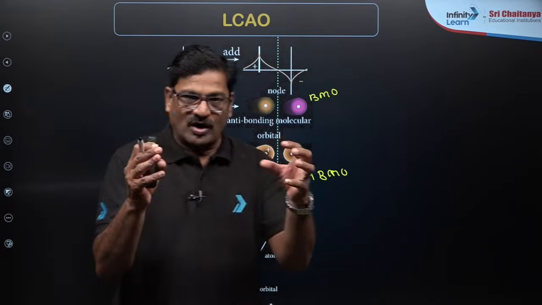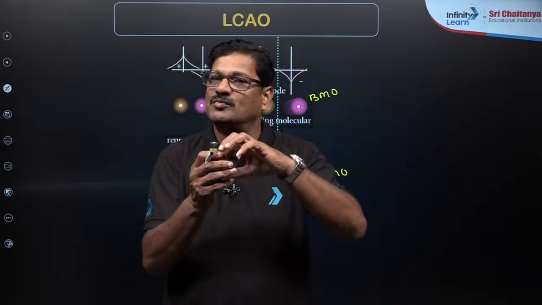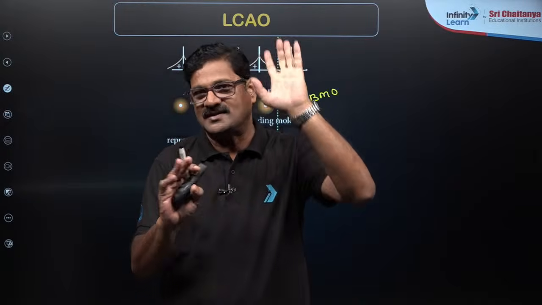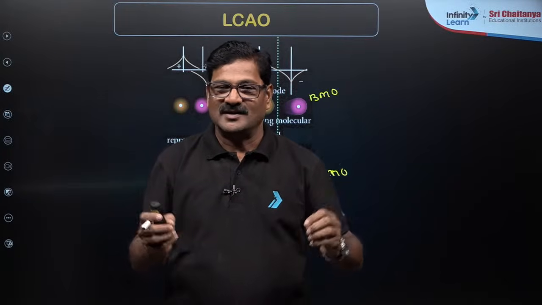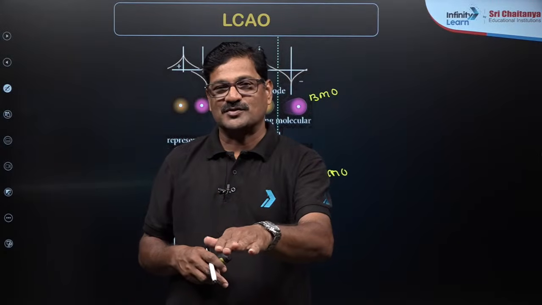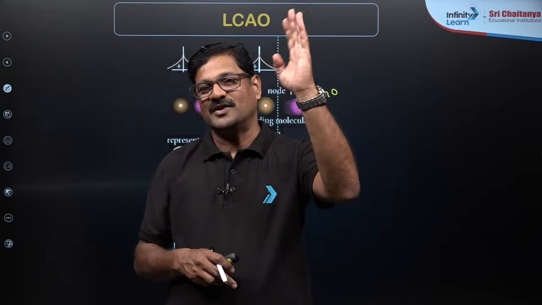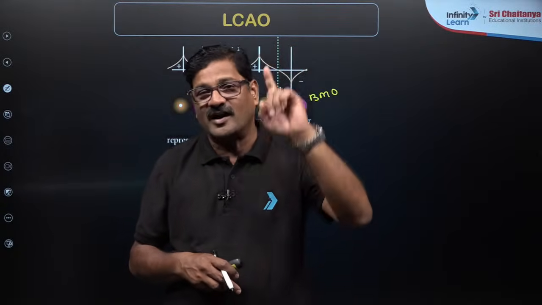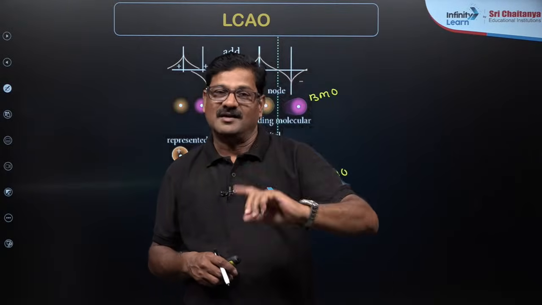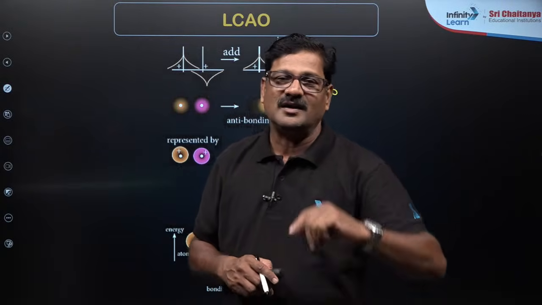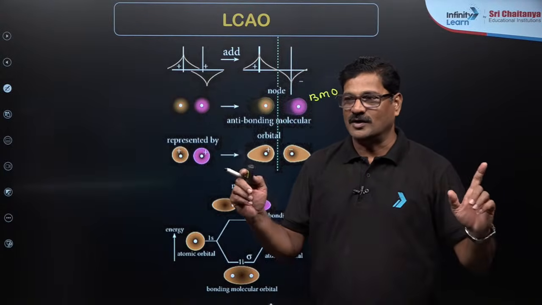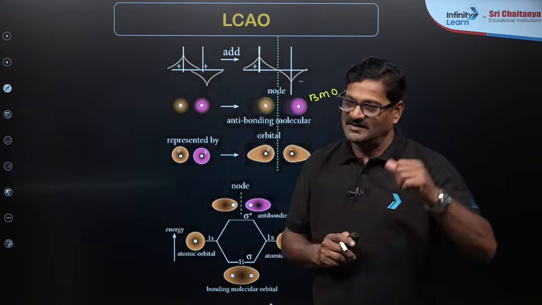So if two orbitals are combined, two molecular orbitals are formed. One is a bonding molecular orbital, another one is an anti-bonding molecular orbital. For P orbitals, 3 plus 3, so 3 are bonding and 3 are anti-bonding. Now, of the atomic orbitals that combine, half will be bonding molecular orbitals and the remaining half will be anti-bonding molecular orbitals. Are you understanding, Geeta, Madhuri?